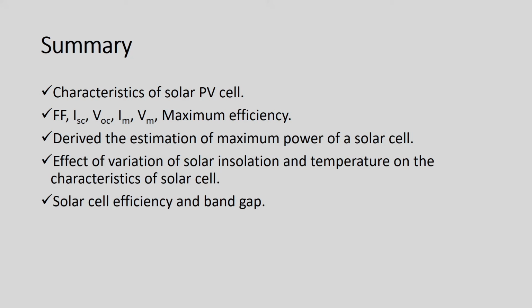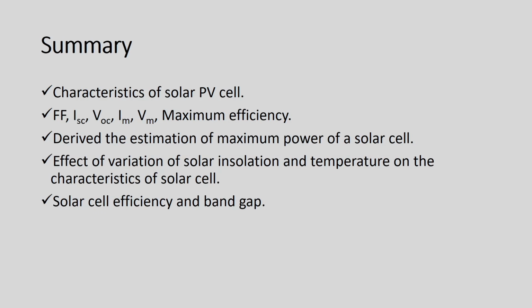We discussed what I_SC and V_OC are, how they are sensitive to solar insolation and size of the cells, and we derived the estimate of the maximum power of a solar cell. Also, we have studied the effect of variation of solar insolation and temperature on the characteristics of a solar cell. Finally, we have studied solar cell efficiency and band gap.